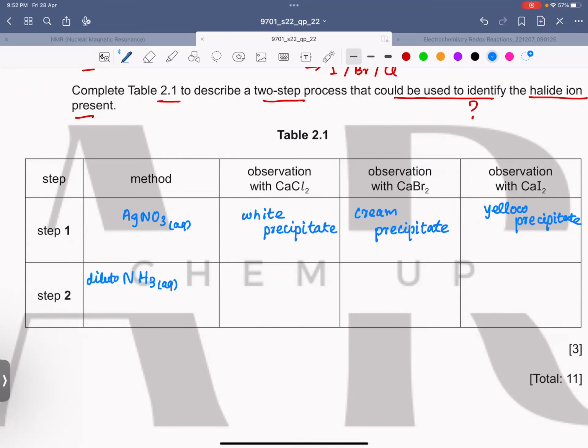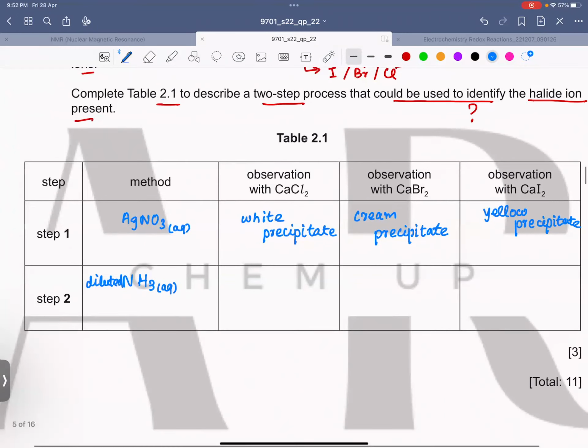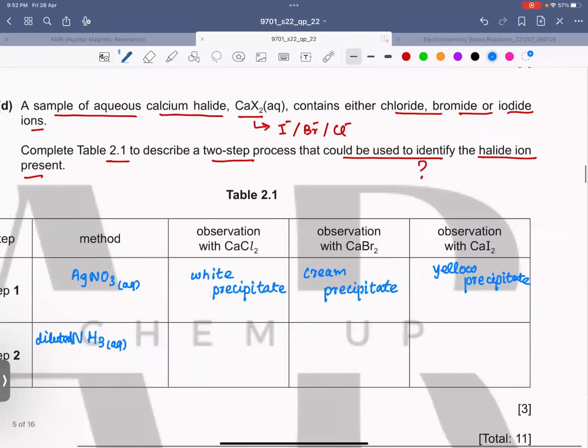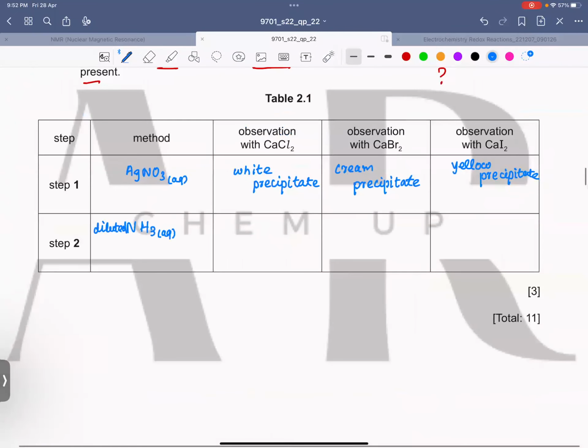So you can use dilute aqueous ammonia. In this case, the white precipitate of chloride dissolves to give a colorless solution.